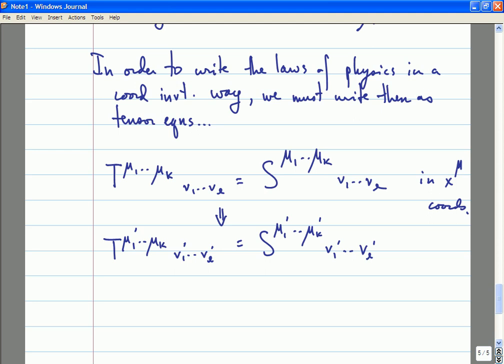And indeed, this is probably one of the deepest and most important principles that we use when we write down laws of physics, not just in general relativity, but in physics generally. We have a symmetry principle, in this case the symmetry under coordinate transformations, and we write down the law of physics, the most general law we can, consistent with this principle and any other principles we wish to impose as well.